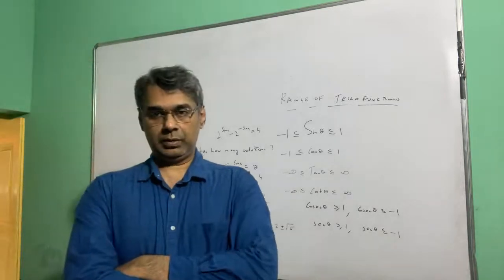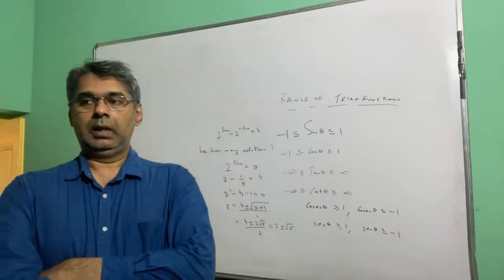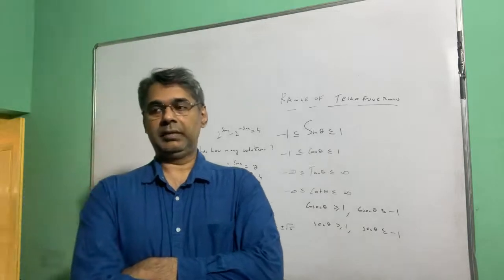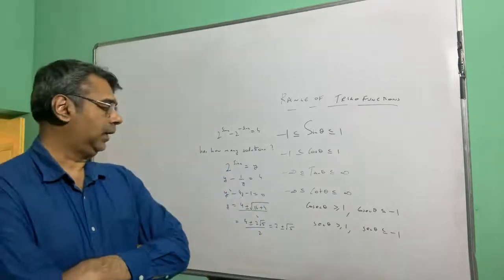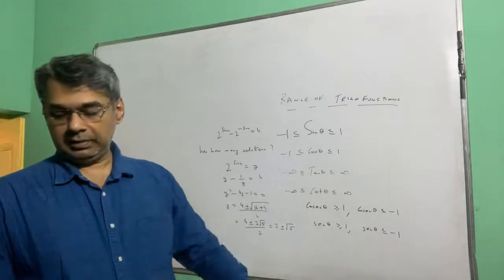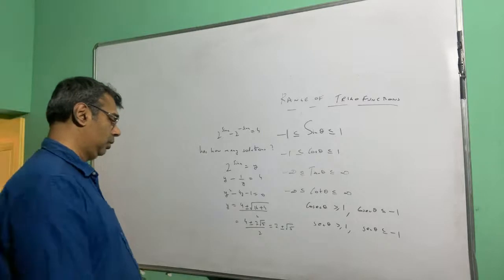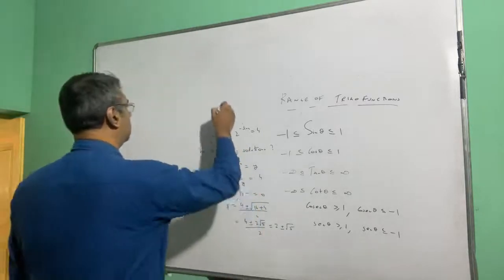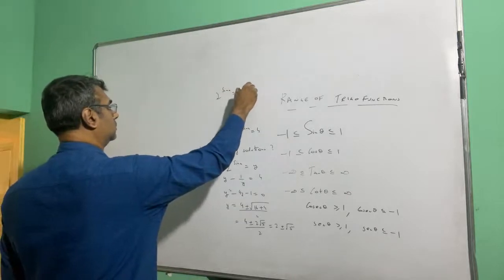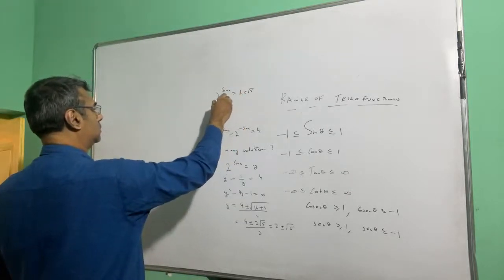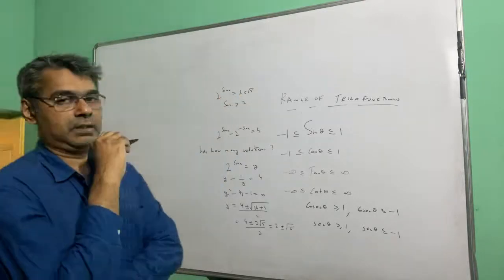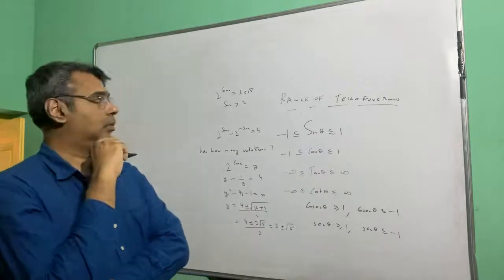Now 2 plus minus root 5, let's analyze it like this. If you take 2 plus root 5, it will be more than 4. So if you take 2 to the power sin x equal to 2 plus root 5, 2 plus root 5 will be more than 4.